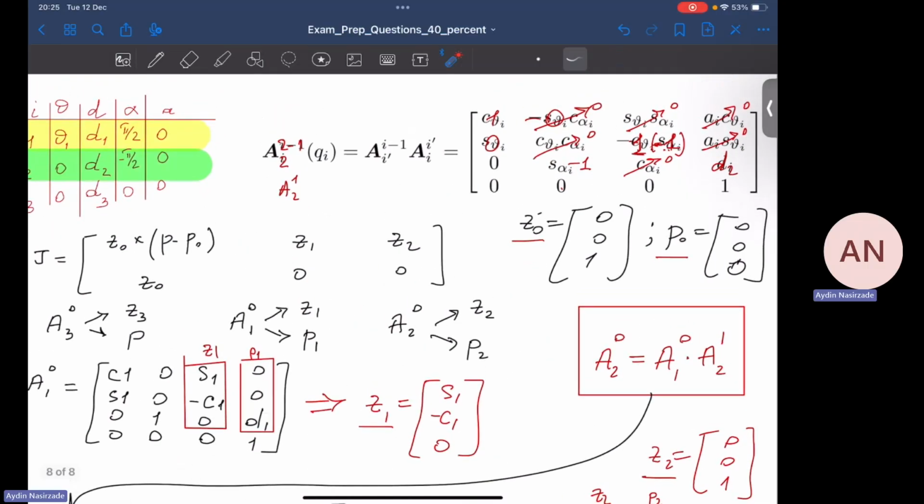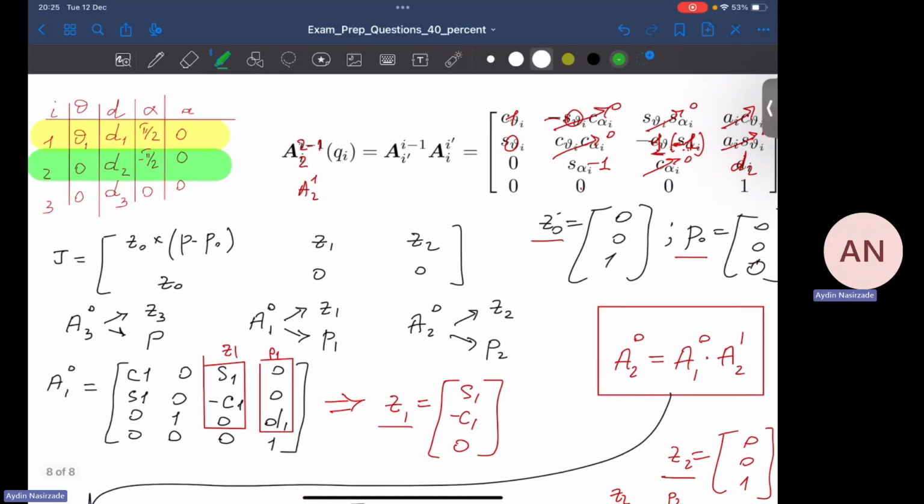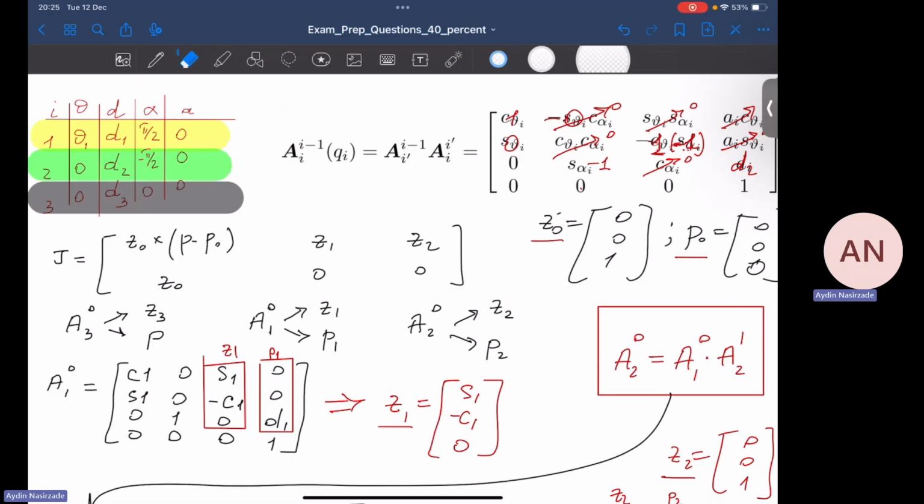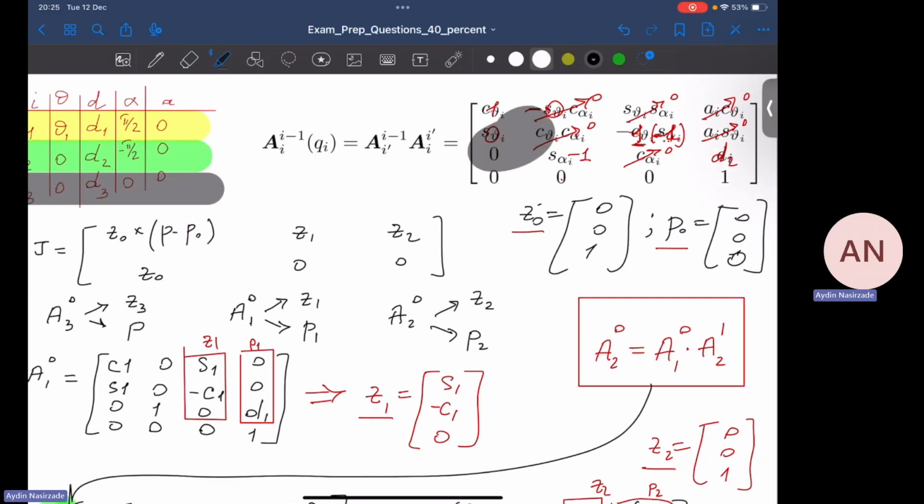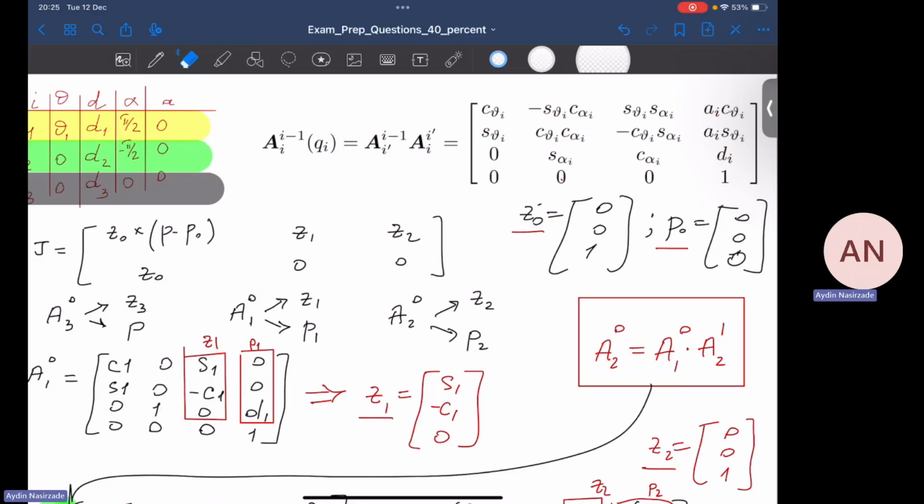Yes, let's move on. Now, finally, we will be taking the last row, the third row of the DH parameter table, to get A3 to 2 as the last final step.